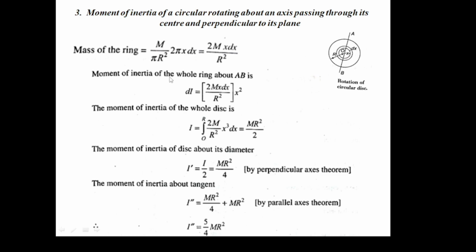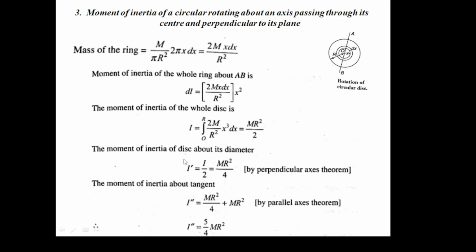So the moment of inertia of the ring about the AB axis, that is dI, is equal to 2 M x dx by R square times x square. When we integrate over 0 to R, the total radius, the value of the total moment of inertia is half M R square.